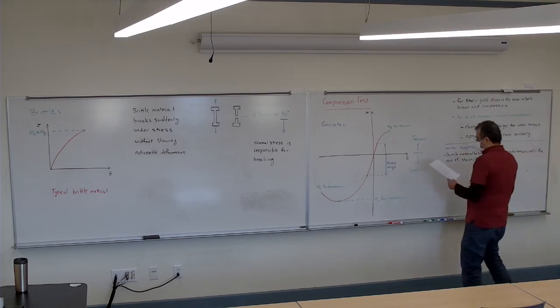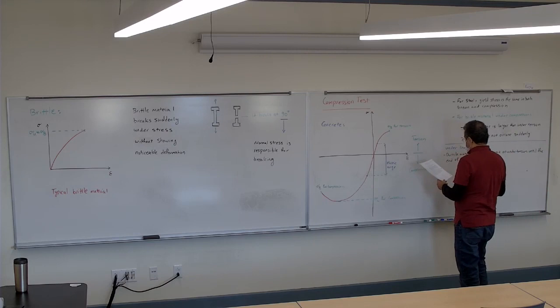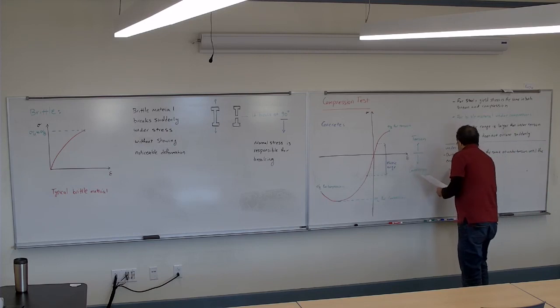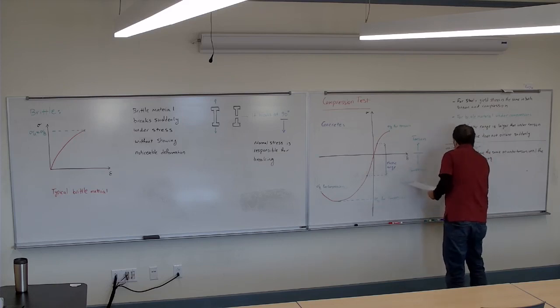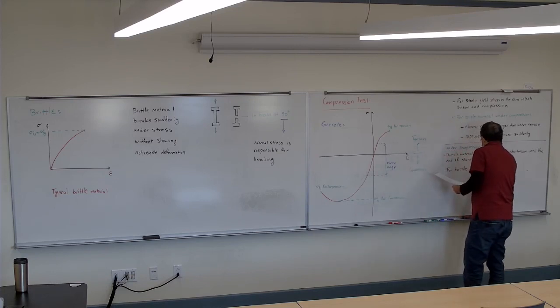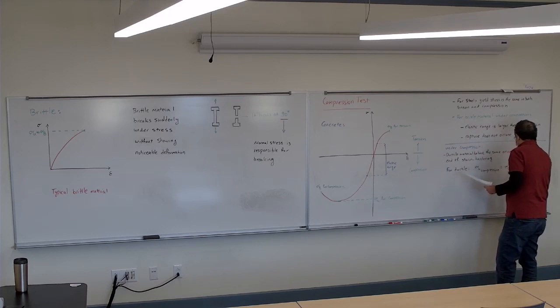So basically what we have is that for ductile material, sigma u under compression is exactly the same as sigma u under tension.